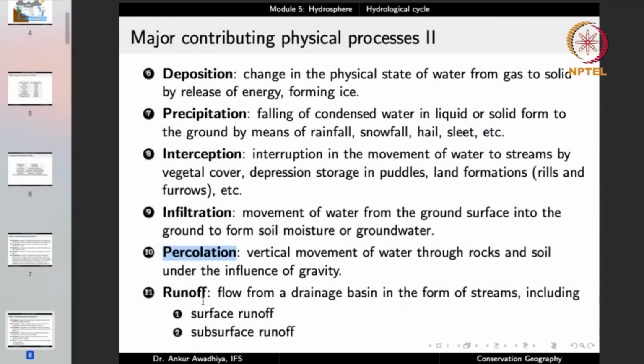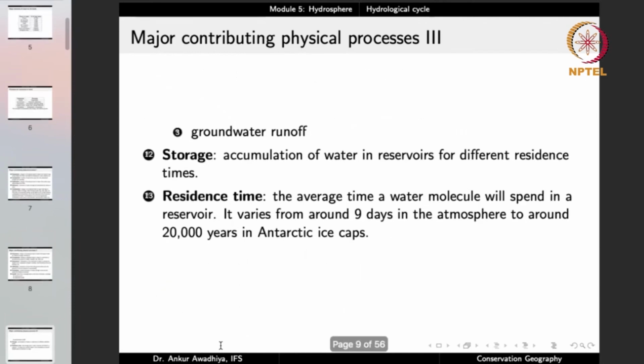Next we have runoff, which is flow from a drainage basin in the form of streams, including surface runoff, subsurface runoff and groundwater runoff. So essentially, when we talk about the movement of water in the streams, then we are talking about a runoff. Now this runoff can occur on the surface. So when rain falls on the ground, it moves through various channels, it enters into a stream, and then it begins to move out towards the oceans or towards an inland lake.